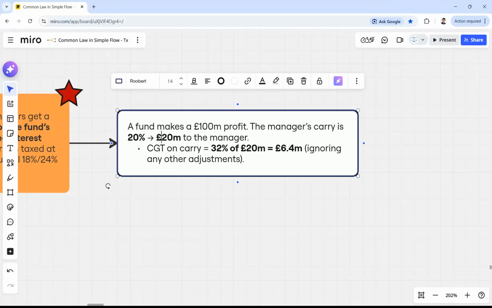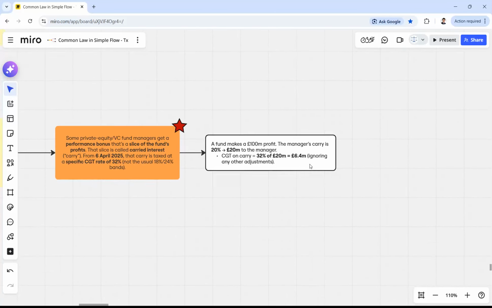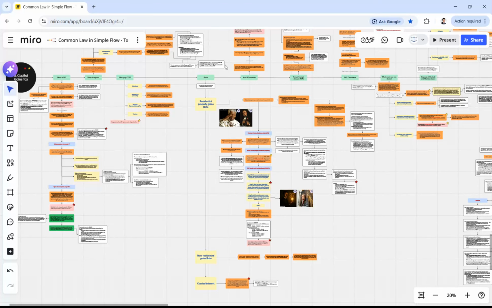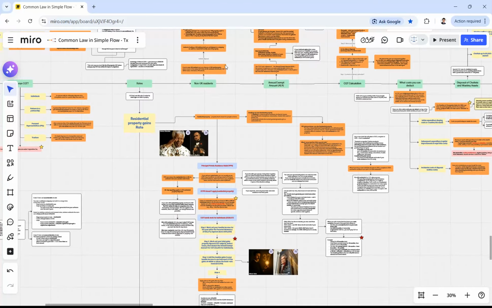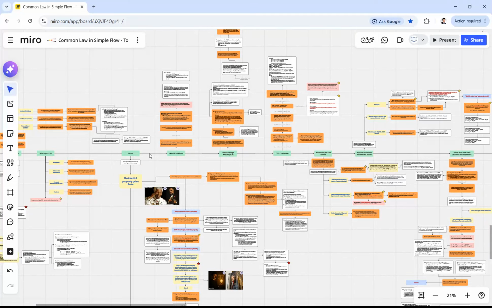The idea is they get a 20 million bonus, and CGT on carry is 32% of this 20 million, which will be 6.4 million in capital gains tax, which is huge. All right, that was it for the rates, and I think this was the most important part because all the calculations will then be based on this.